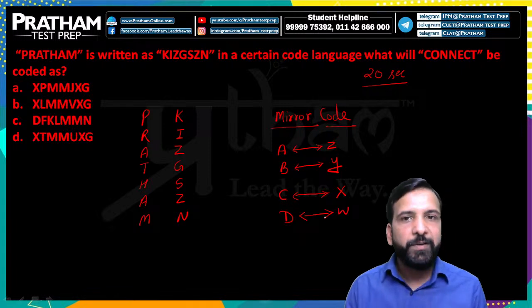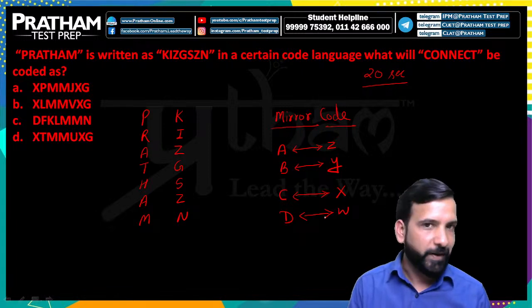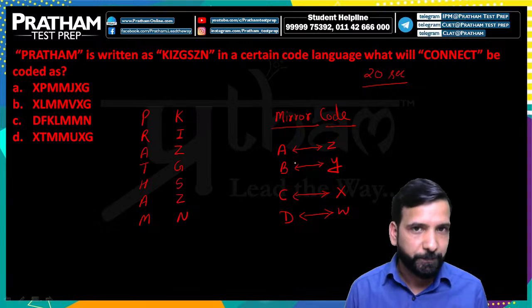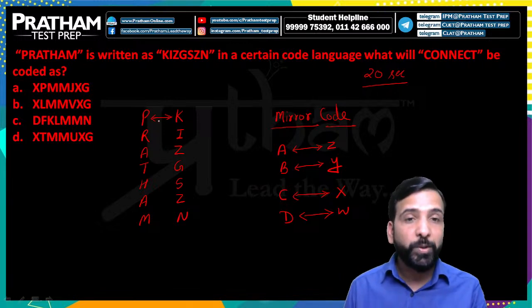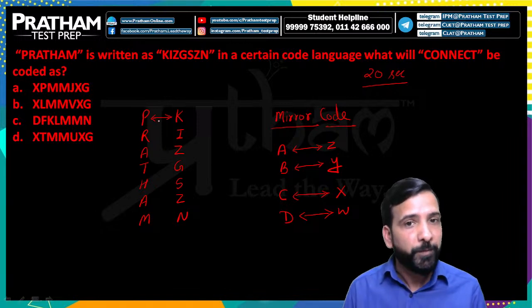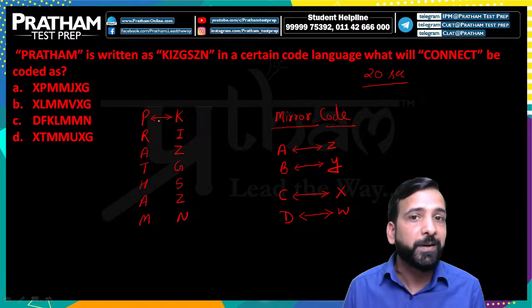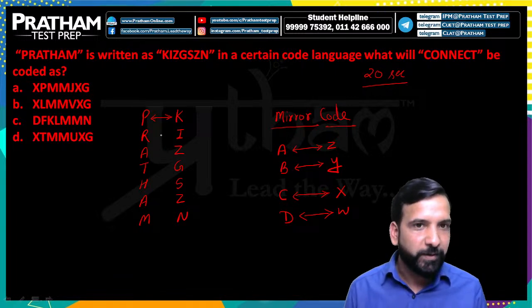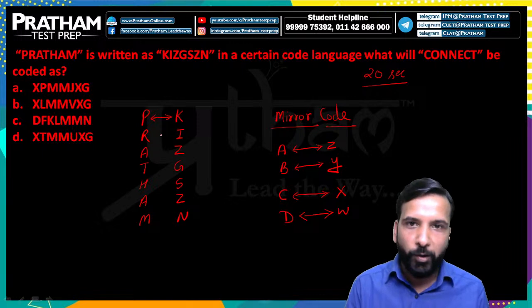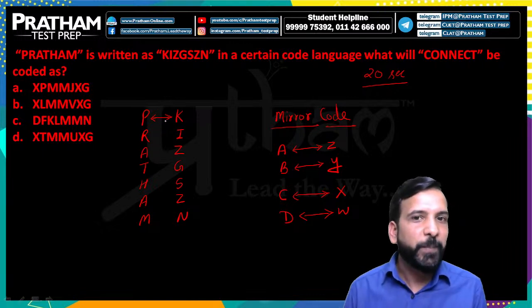Right. So here we have logic of mirror code values. P and K, they are mirror codes. You can remember this mirror code with the help of the name of your book, Knowledge Primer, KP. Right. K and P are mirror code values. Your Logical Reasoning book is Knowledge Primer, KP. So they are mirror codes.